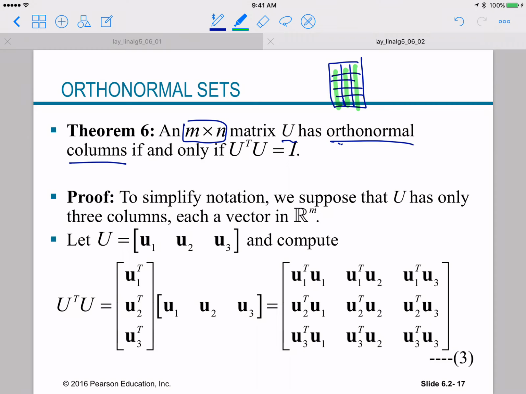In this case, the matrix multiplication U transpose times U becomes the identity matrix. If we consider a 5 by 3 matrix, what is the size of this identity matrix? Would it be 5 by 5 or 3 by 3?